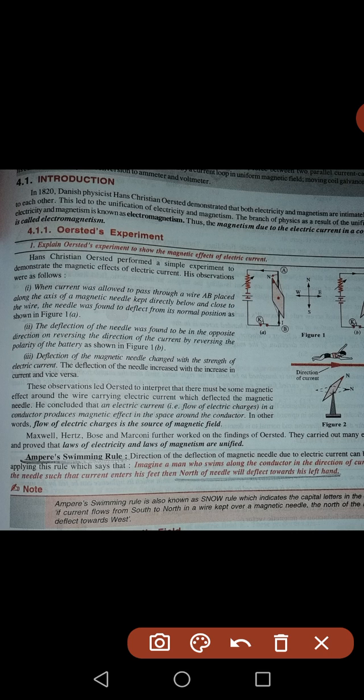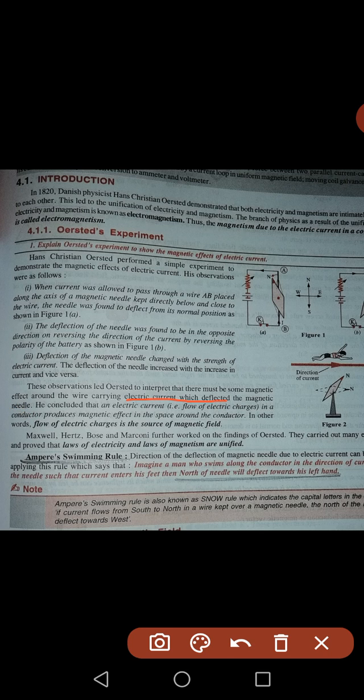Okay, so these are the three observations made by Oersted, and what he concluded here: these observations led Oersted to interpret that there must be some magnetic effect around the wire carrying electric current which deflects the magnetic needle.